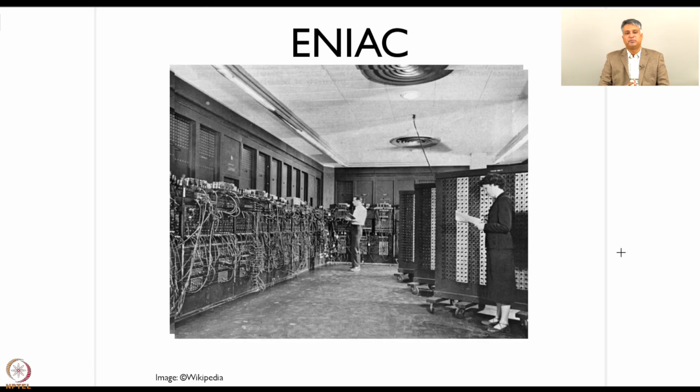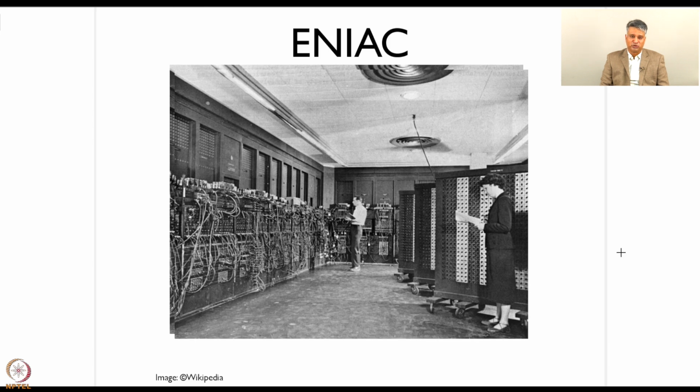The first really large scale general purpose computer was ENIAC, which stands for Electronic Numerical Integrator and Accumulator. And you can see that this machine was an extremely large machine which is being housed in this large room. This machine was basically built using vacuum tubes and housed in a very large room.